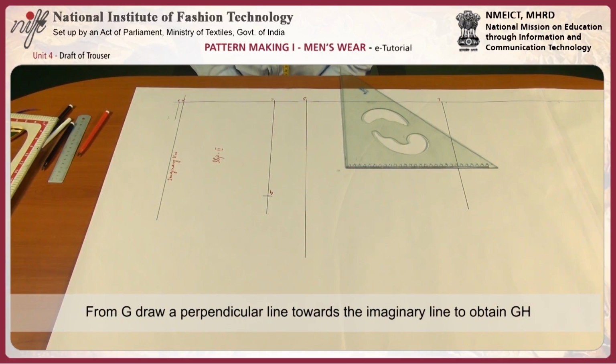From point G, draw a perpendicular line towards the imaginary line to obtain the line GH.